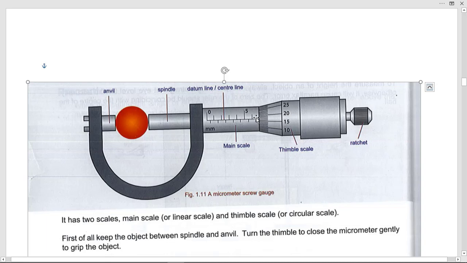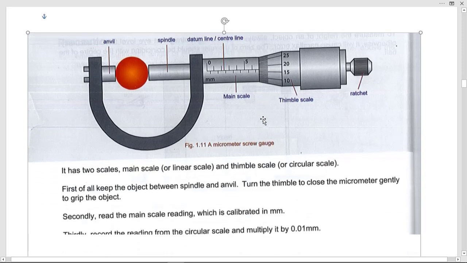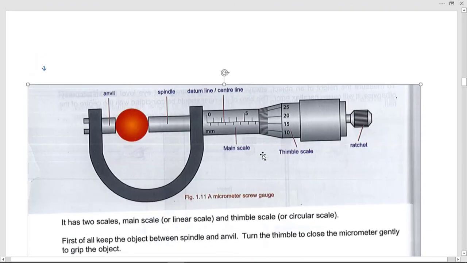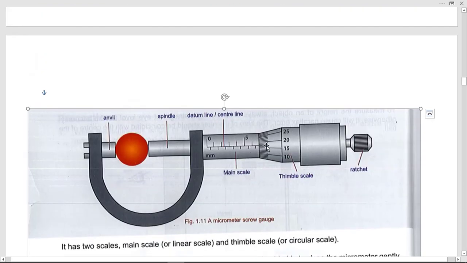For example, the lines coming from here, can you see this middle line here, and which line is going to coincide with this one. So when you see this one, you will find, for example, here they took line number 18. Line number 18 is over this line, this side.